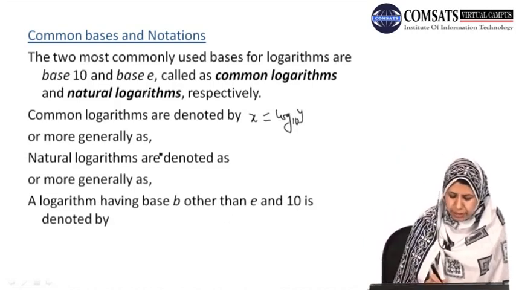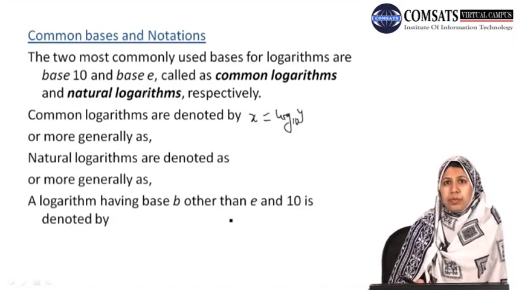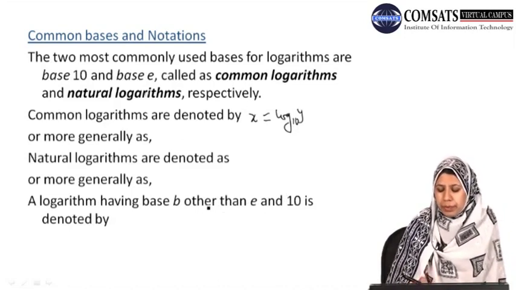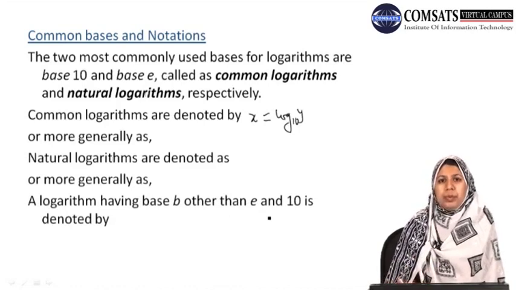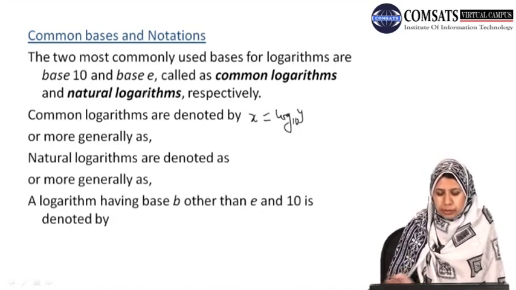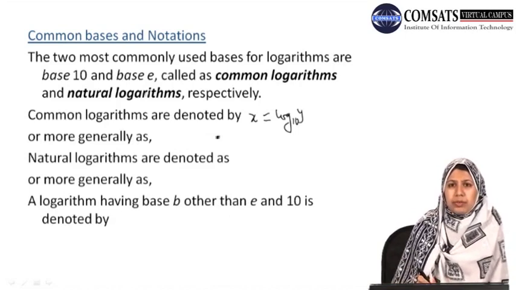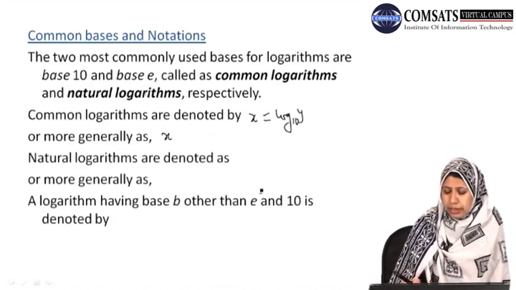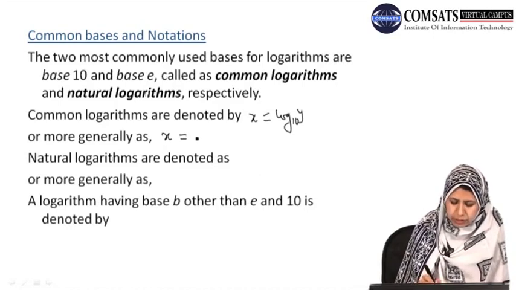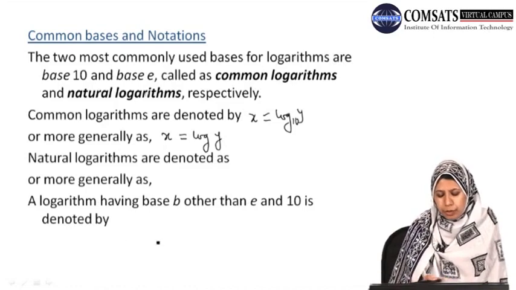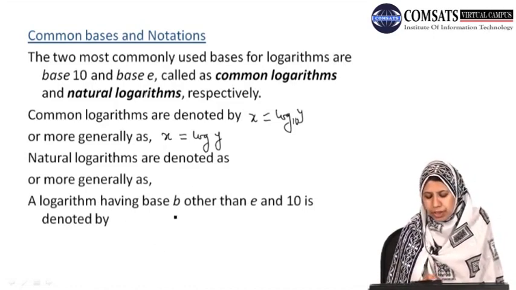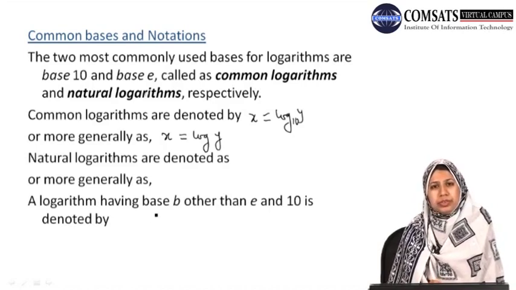Or more generally, if we know that throughout we are working with base b equal to 10, or we are working with the common logarithms, then we do not write the base 10. We simply write x is equal to log of y, where from this form it is understood that we are considering the base b equal to 10.